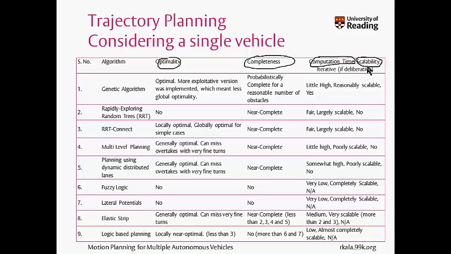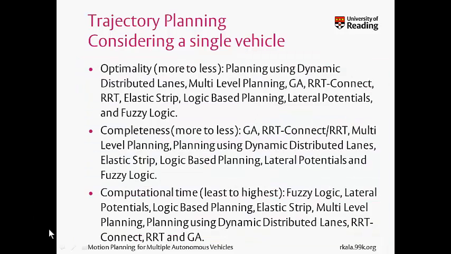How does the solution scale up with increasing number of vehicles and obstacles? And whether the algorithm just gives the final solution or the solution in fact improves with time. And when I order the algorithms in increasing optimality, completeness, and computation time based on the previous slide, this is what comes up. Of course, there are some assumptions of scenarios over here.